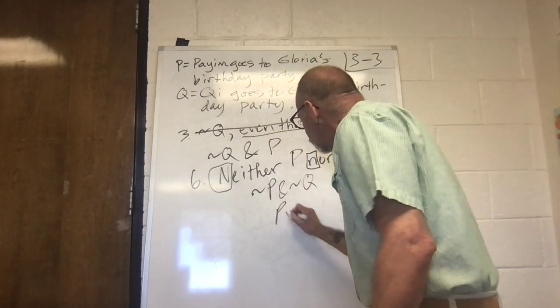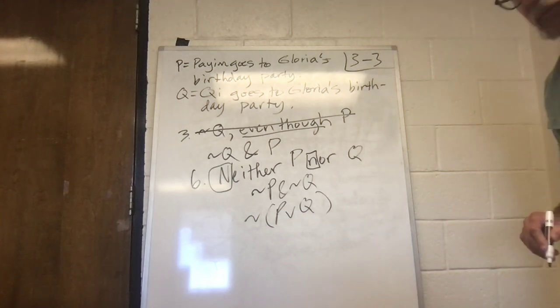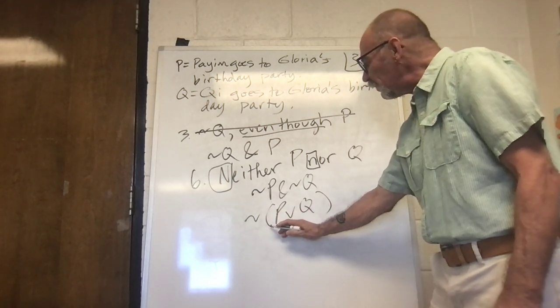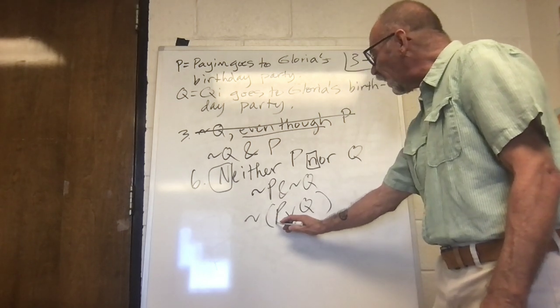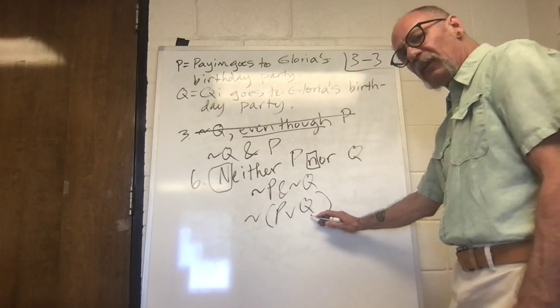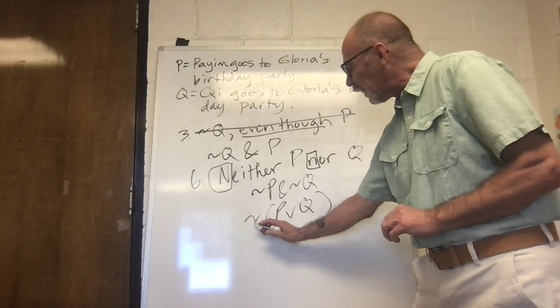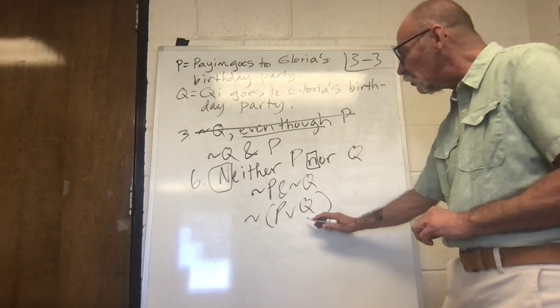Either P or Q is false. The negation sign before this open parenthesis indicates the negation sign applies to what's inside the parentheses understood as a whole unit. So here the negation sign applies to P wedge Q.